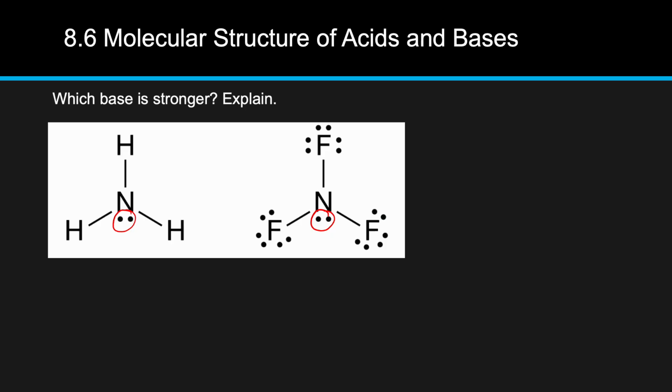Well, we know that when we want a stronger base, we want a more localized or concentrated negative charge. On the right molecule, we have fluorine atoms, which are highly electronegative and are going to be pulling that negativity away from nitrogen. So in that case, ammonia, or NH3, would be the stronger base.